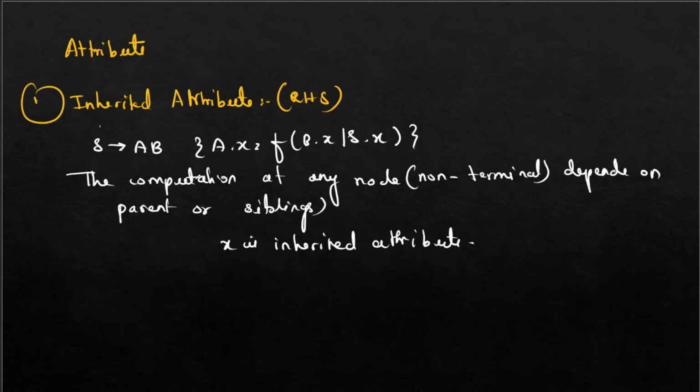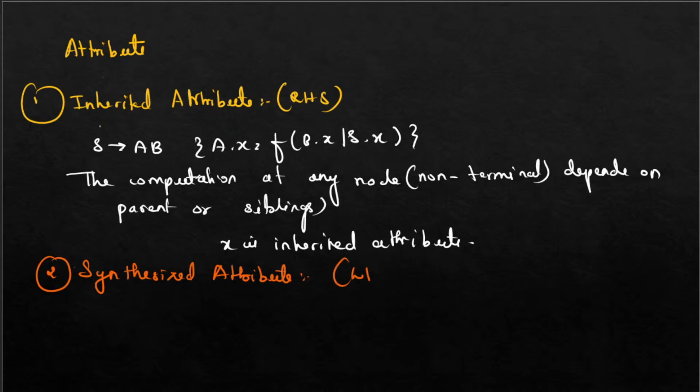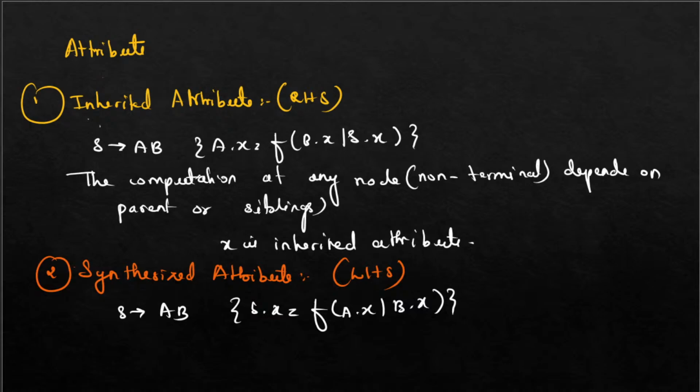Now let's see the next one. Synthesized attribute, which is LHS. Here, see, S deriving A B. After that, S.X equals a function of A.X, B.X, like this.